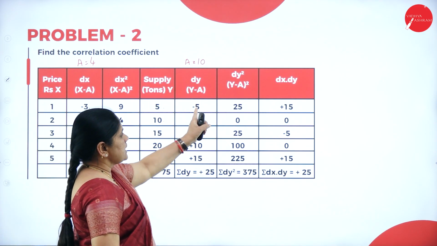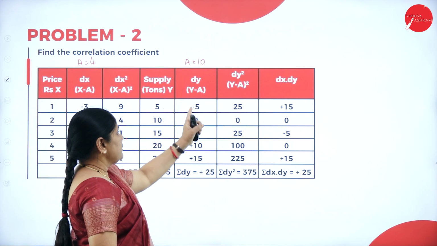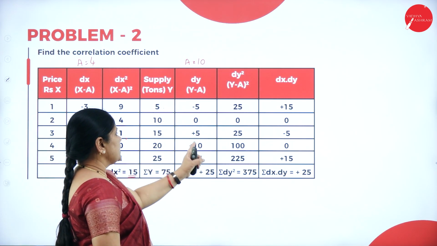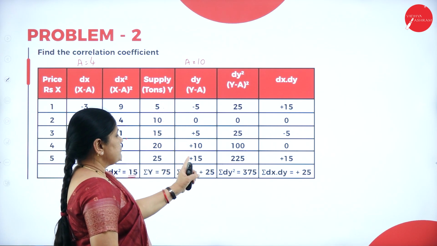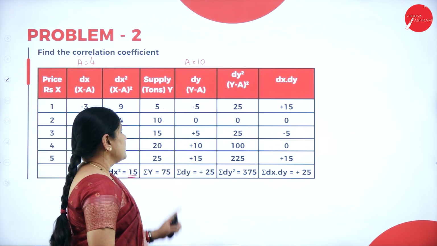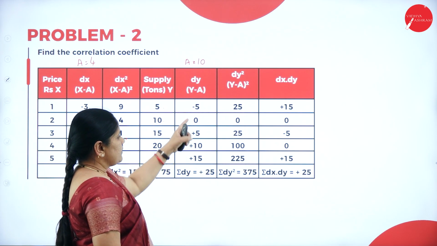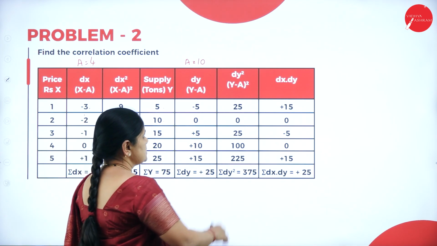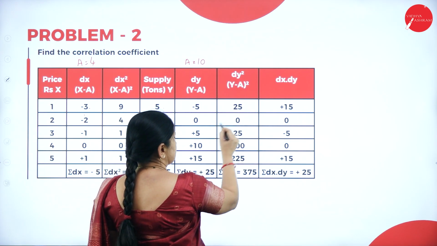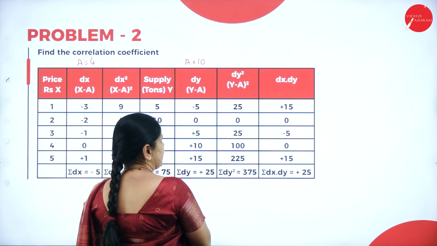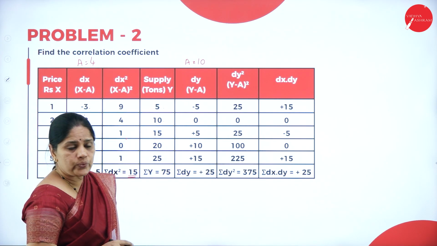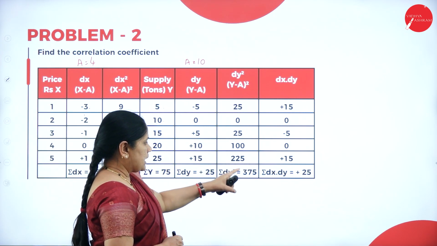So 5 minus 10 is minus 5, 10 minus 10 is 0, 15 minus 10 is 5, 20 minus 10 is 10, 25 minus 10 is 15. So when I add all this, I get 25. Now the square of this: 5 square is 25, again 5 square is 25, 10 square is 100, 15 square equals 225.